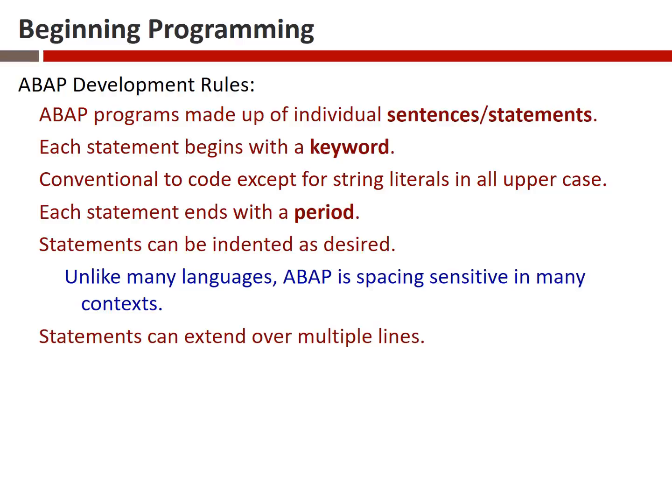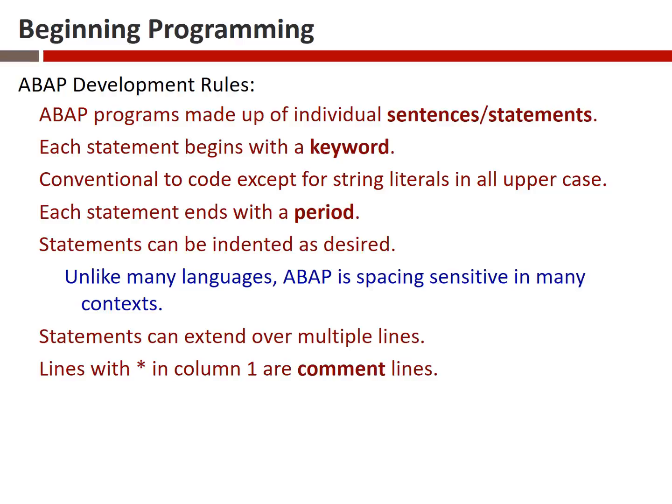You can have a statement extend over multiple lines. If I put a star in column 1, that means that whole line is a comment line. But any place else, it doesn't mean that. For example, this could be x = x * y, and in that case, the star is used for multiplication.